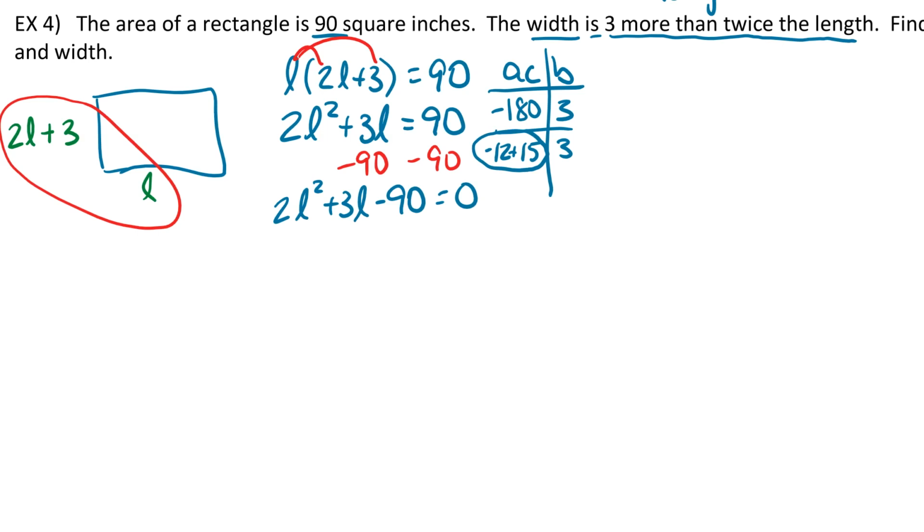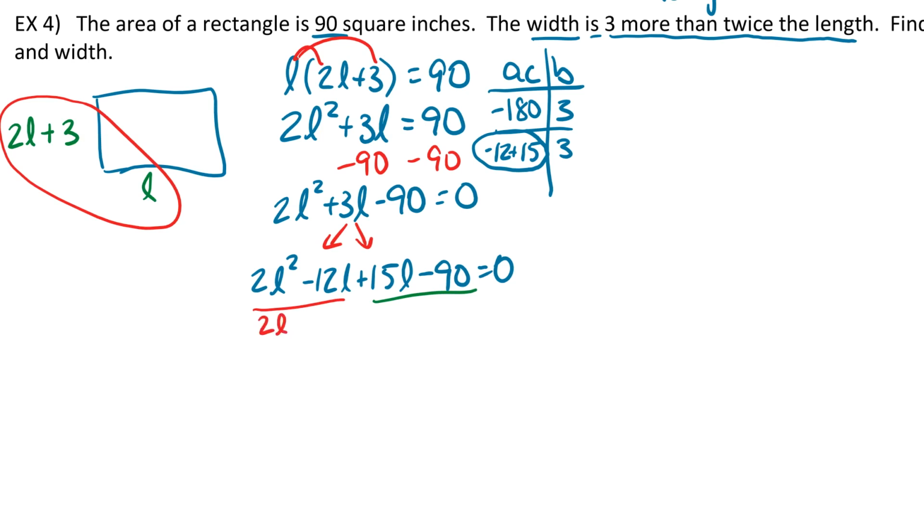All right, so let's go ahead and split B with that. We have 2L squared minus 12L plus 15L minus 90 equals 0. First group, second group. For the first group, we can take out a 2L, which is going to give us 2L times L minus 6.